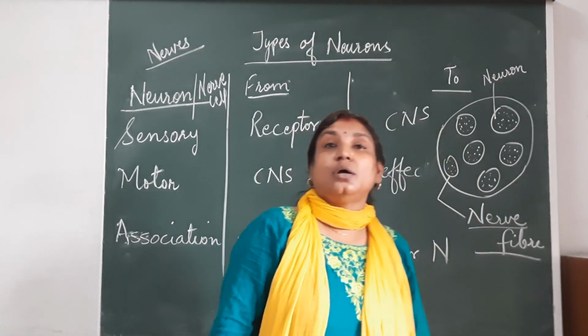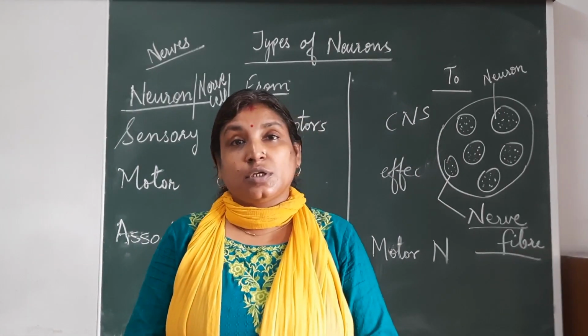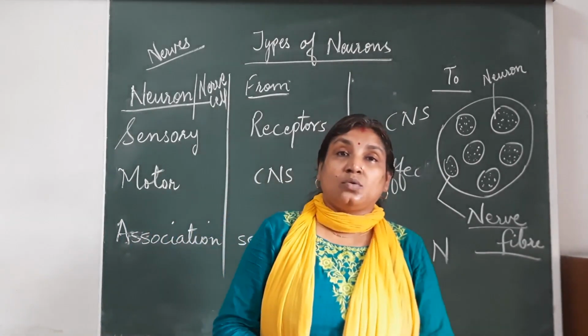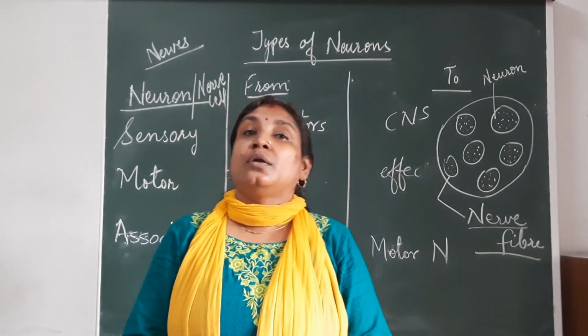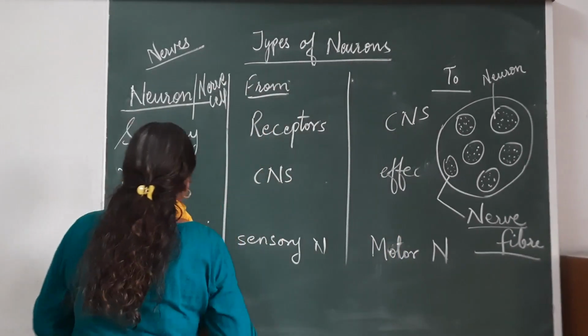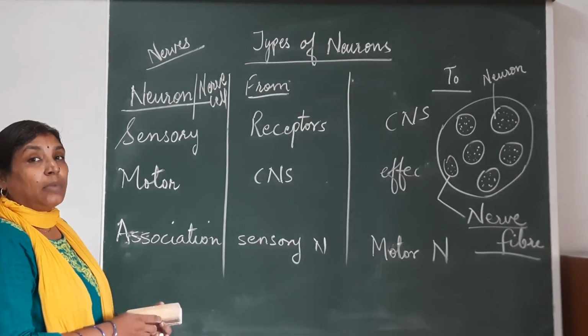Just now we studied the structure of the nerve cell, which has a myelin sheath around it. Such nerve fibers are known as myelinated nerve fibers, and we have some nerve fibers, especially association neurons, without any myelin sheath.